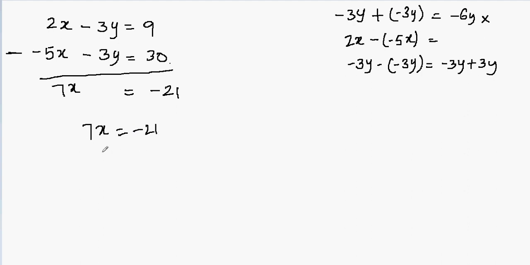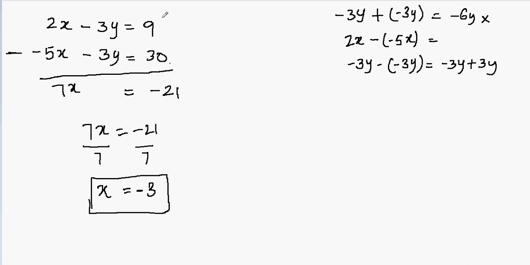Now you need x by itself. What do we do to get x by itself? Well, we can divide both sides by 7. 7 divided by 7 will be 1, and you're only left with x on the left-hand side. On the right-hand side, 21 divided by 7 will be 3. And since you divide a negative number by a positive number, you end up with a negative result. So here the value of x is -3. Finally, we have got the value of x.